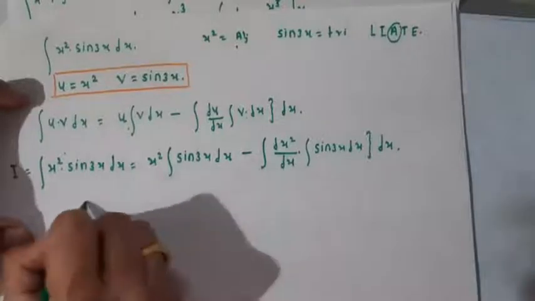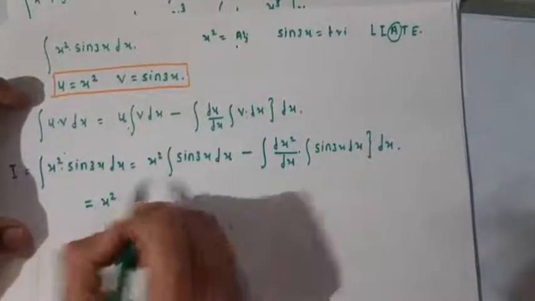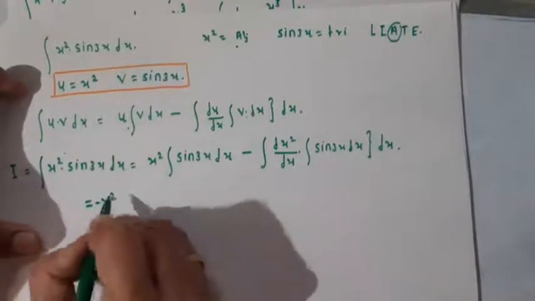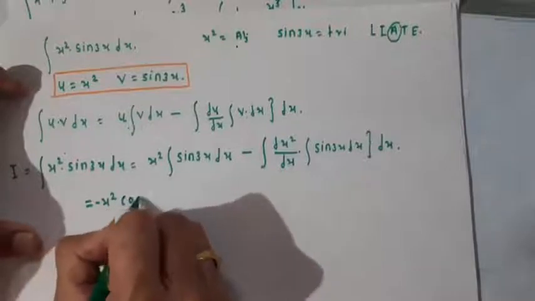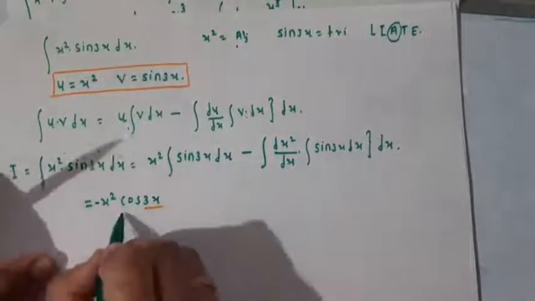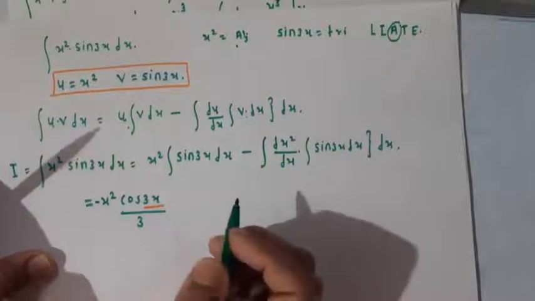Now this is equal to x square, integration of sin of x is minus cos of x, and therefore integration of sin of 3x is minus cos of 3x, but this 3x is again a differentiable function, its differentiation is 3, but in case of integration we divide by 3.